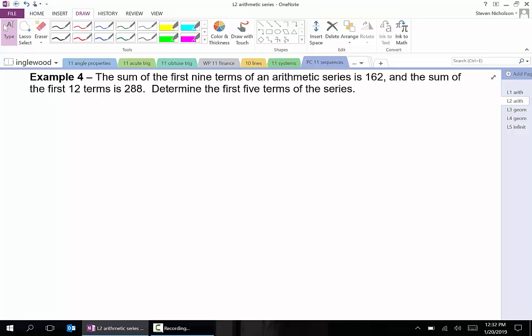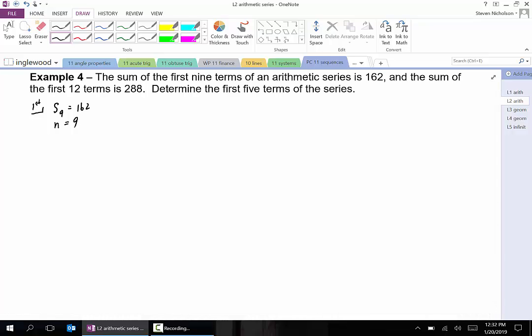So in solving by a system, again, we have 2 pieces of information. So in our first piece of information, we know that S of 9 equals 162. And we know n is equal to 9. Now we don't know anything else. We don't know the common difference.